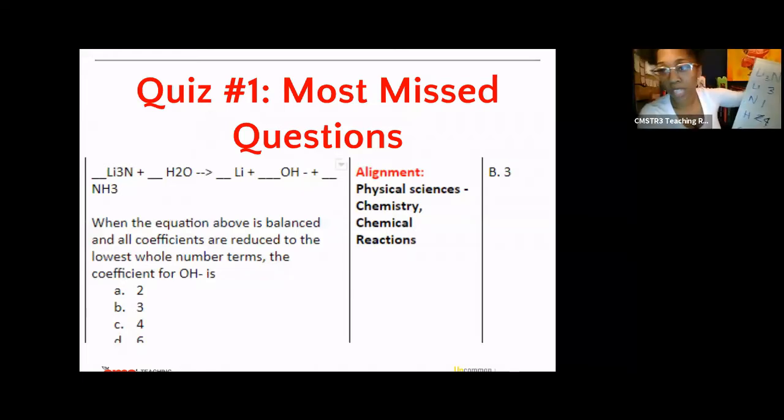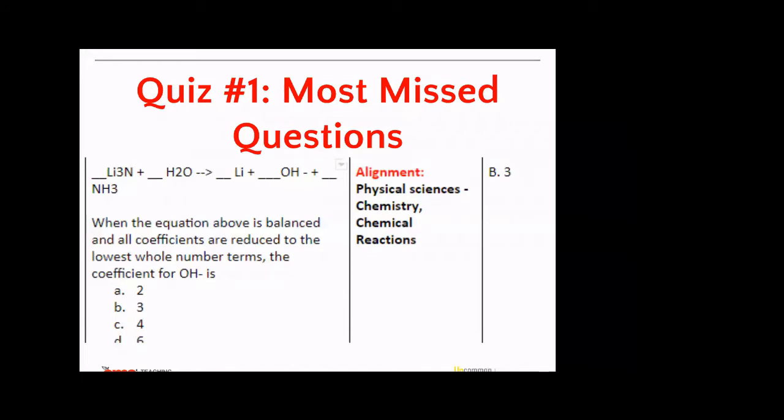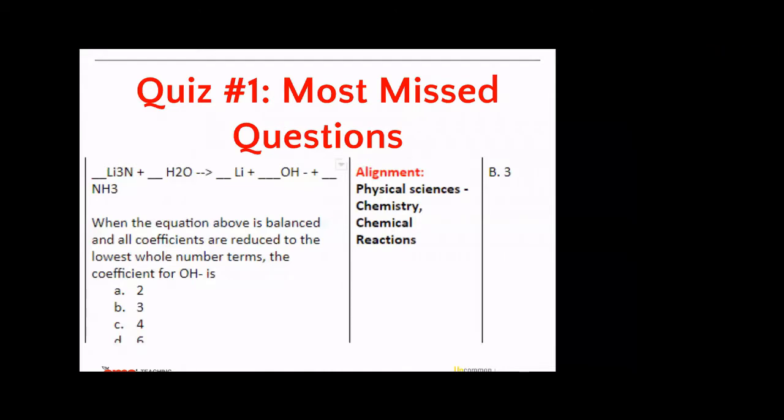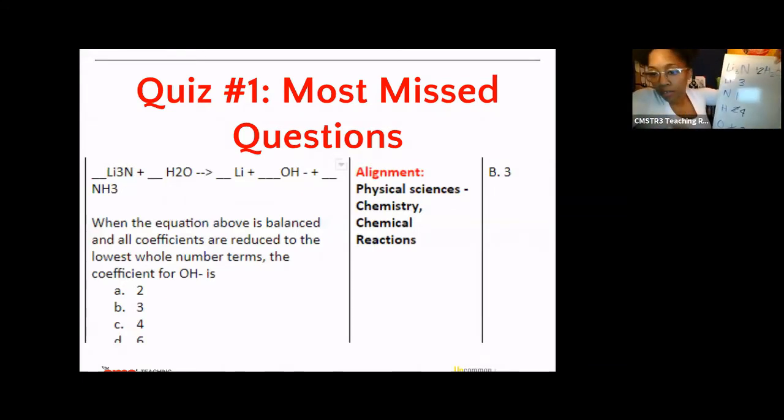So now we have one more step. We balanced the hydrogen, but we threw the oxygen out of balance. So I've got 2 oxygens on the left, 1 oxygen on the right. How do I fix that? 2. Now, if you notice on the board, it says that my answer should be 3, right?